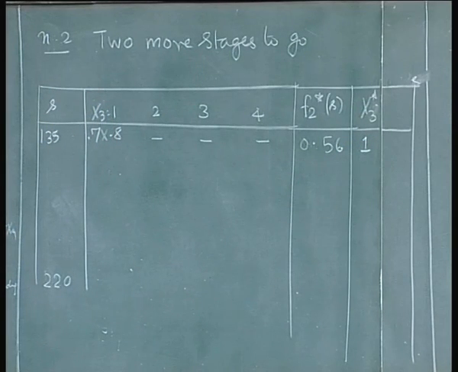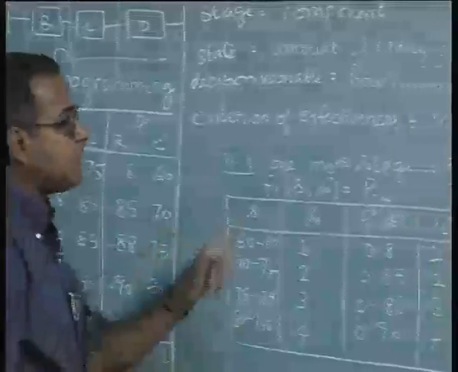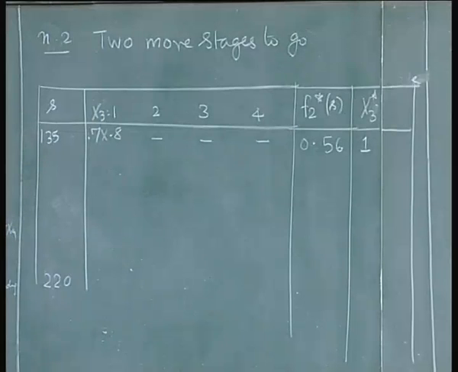Now when I have 136, we need to look at all the state variable values from 135 to 220, which is roughly about 66 plus 20, 86 different values that we need to look at. So we do not tabulate all 86 here, we try to bring them into the range like what we did here. So now we look at 136, when we are at 136 the same thing will happen.